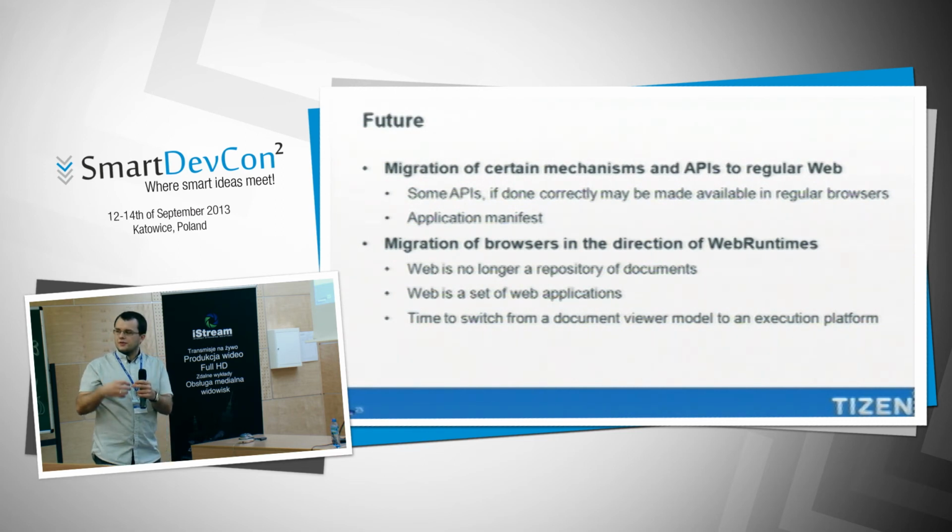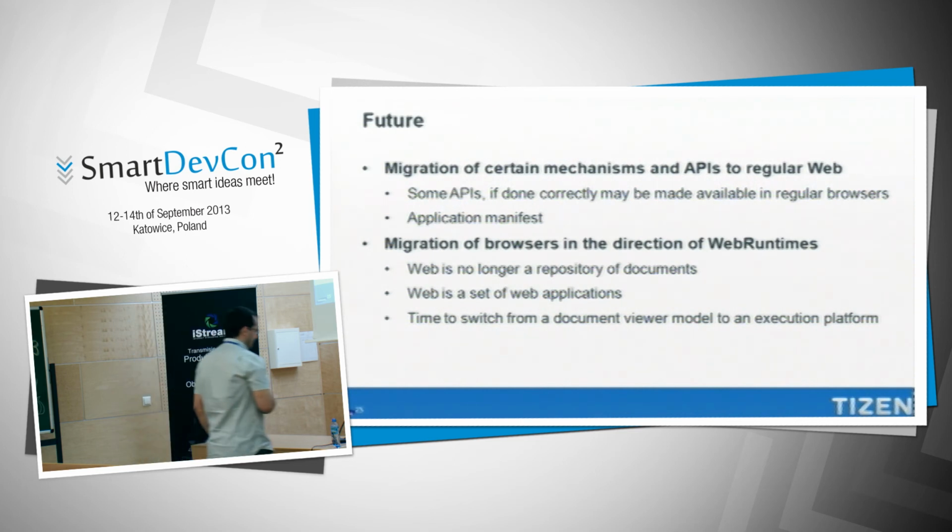Facebook is not a web page, it's a service. And the application that you download is also not a document anymore. It's an application. So it's, in a way, high time to switch from a document viewer mode to an execution platform.